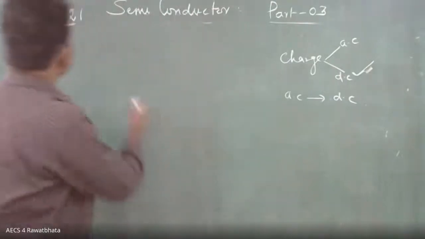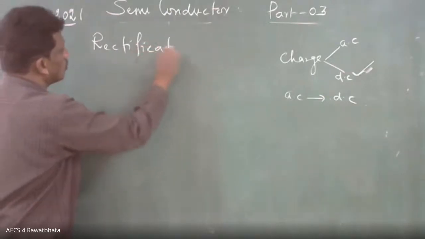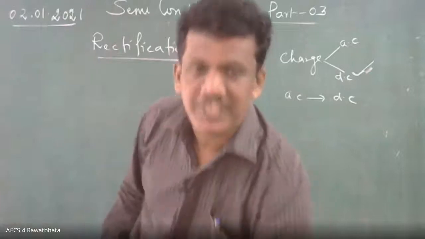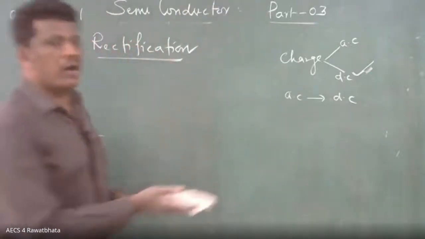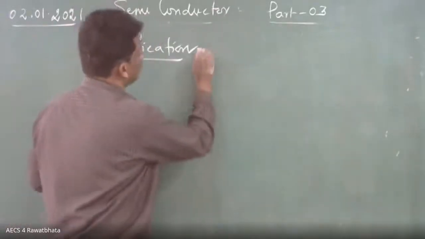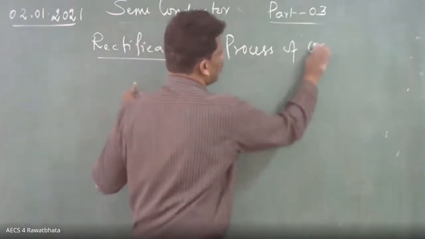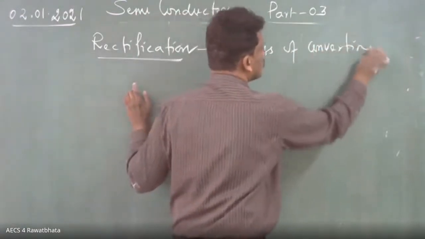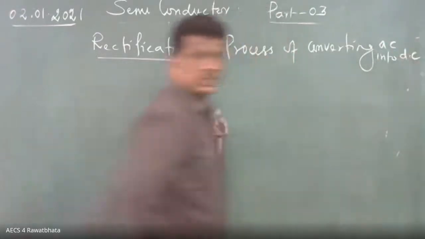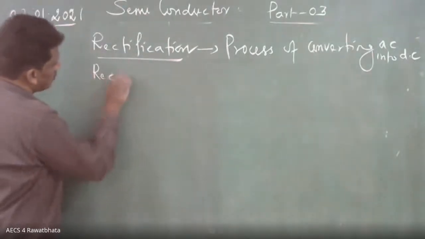So the process is called rectification. What is rectification? The process of converting AC into DC. Rectification is the process of converting AC into DC. Visible? Yes. Okay.